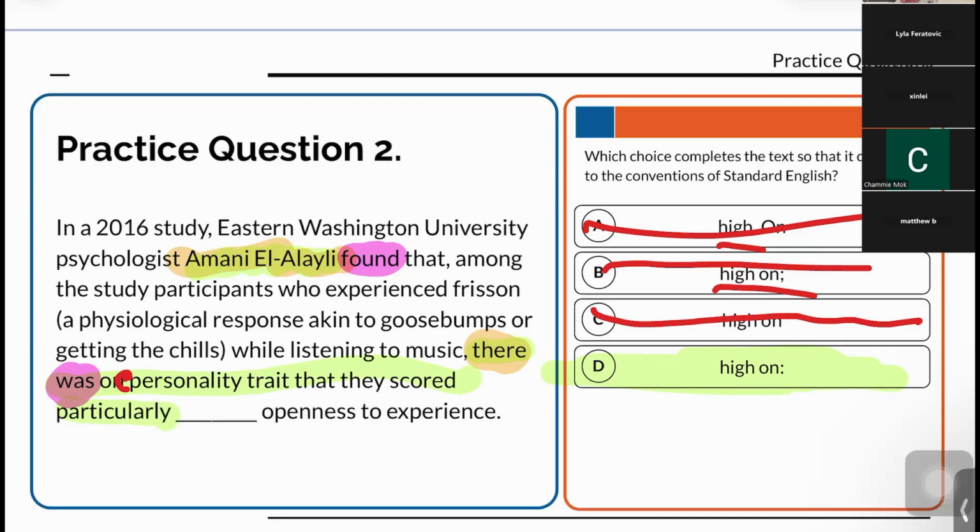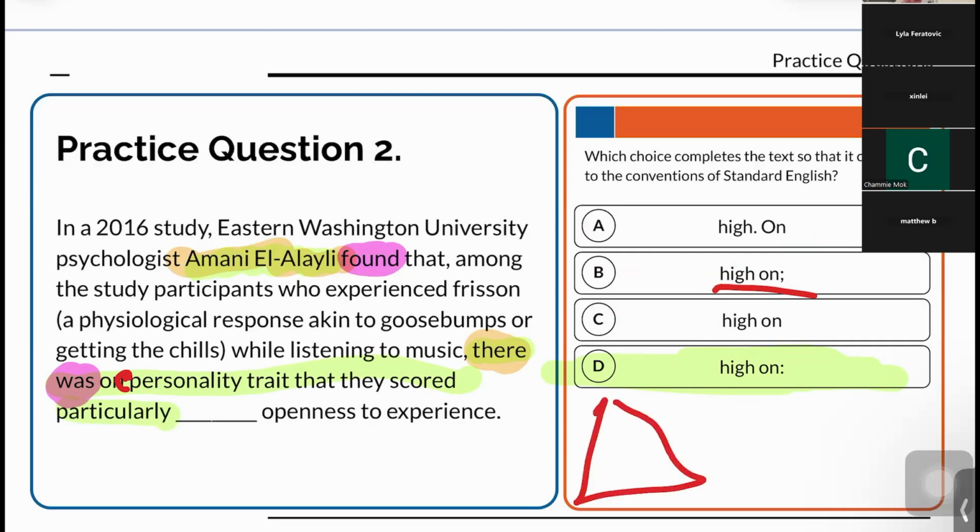I'm getting a question in the chat. If we see B and A, can we eliminate both? I introduced this idea that you have these three ways to connect clauses, and that they're all functionally equal. So that's comma and, but comma any conjunction, right? You see A. In this case, you can't eliminate both immediately because the period and the semicolon are in slightly different places, but I like that thought process.